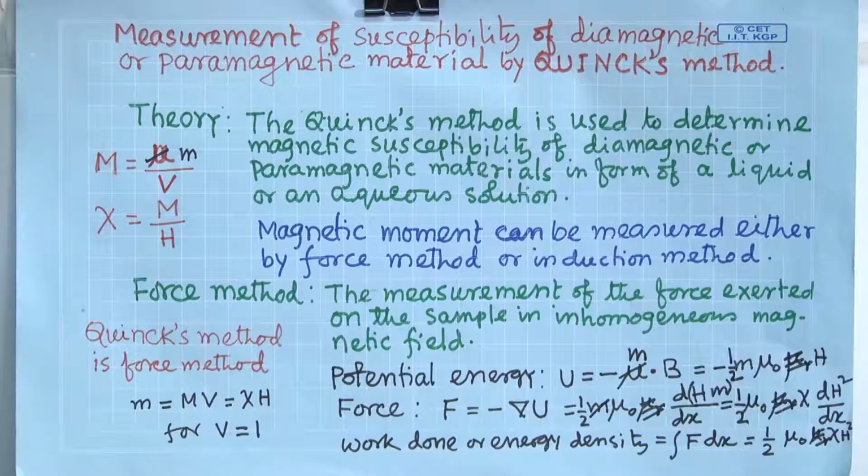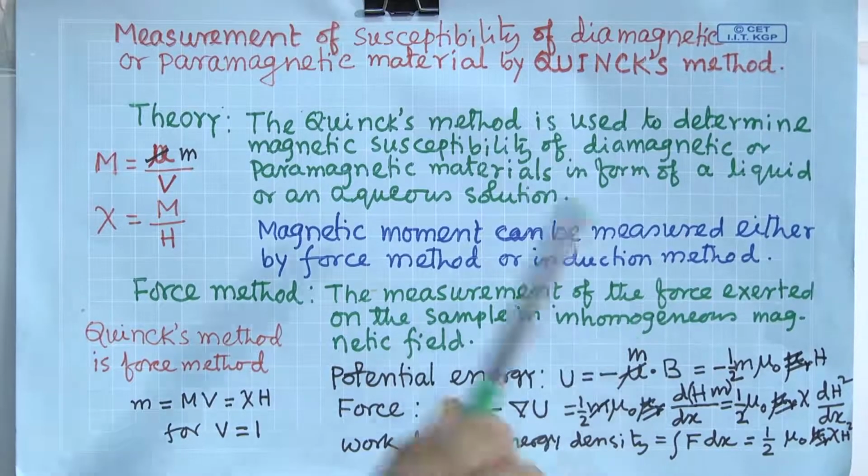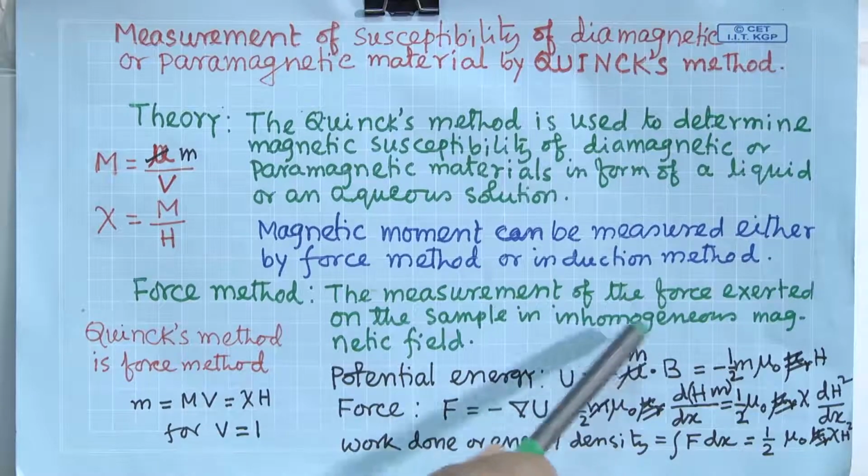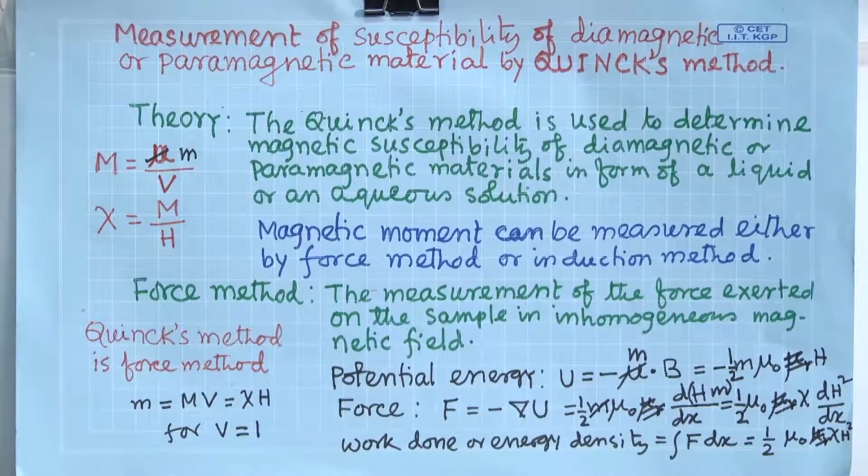The potential energy U is defined by U equal to minus m dot B. M is the magnetic moment, and B is the magnetic field induction in the material. I can write this dot product as m B cos theta.